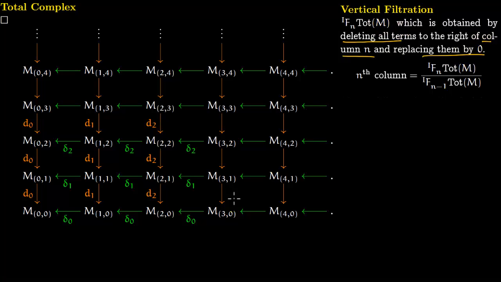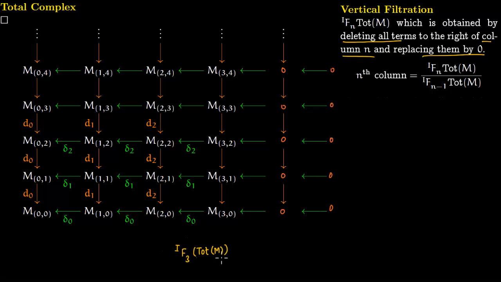So for example, let us see F^1_3 of Tot(M). For this, after column 3, we are going to delete everything and put zeros here. So everything would be 0 here. We put 0 everywhere after column 3.